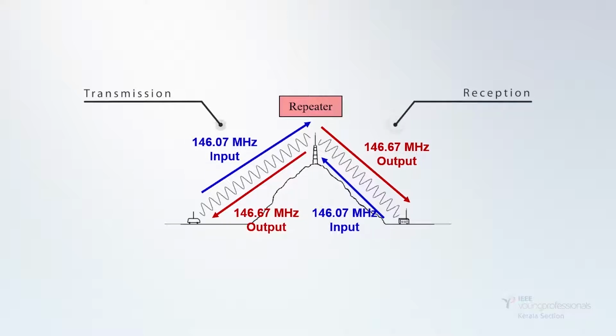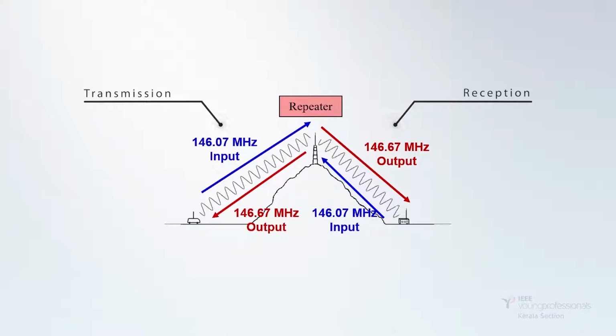You can see that the first base station, base station A, transmits at a frequency of 146.07 megahertz, whereas it receives on a frequency of 146.67 megahertz.